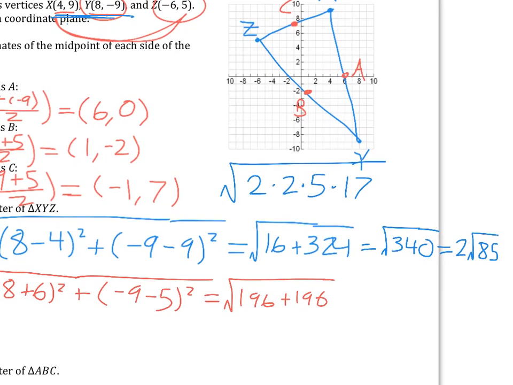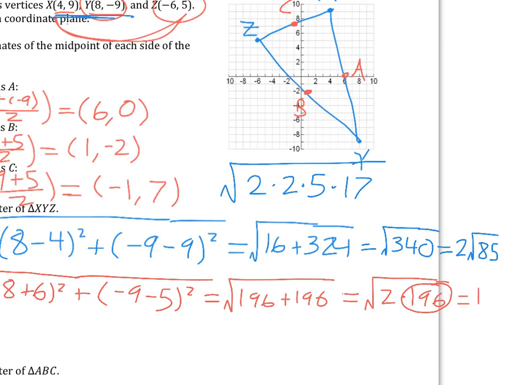Okay, so I'm going to take a little shortcut. I know that 196 plus 196 is the same thing as 2 times 196. And then where did we get 196 from? 196 was 14 squared.